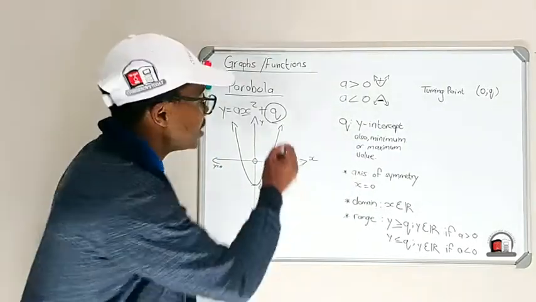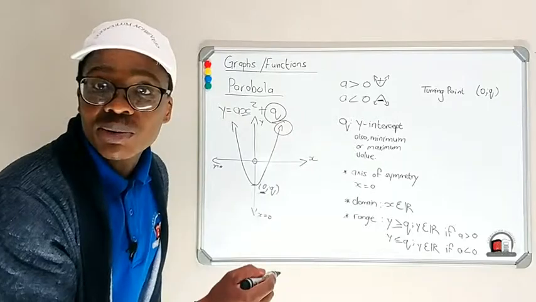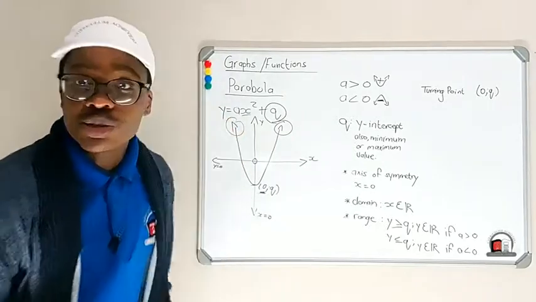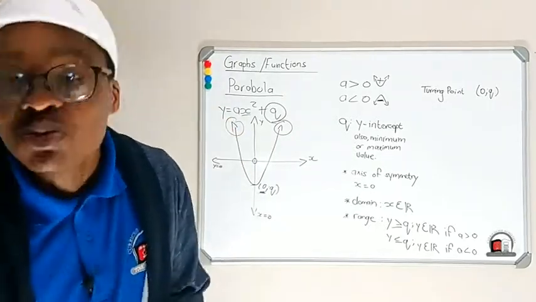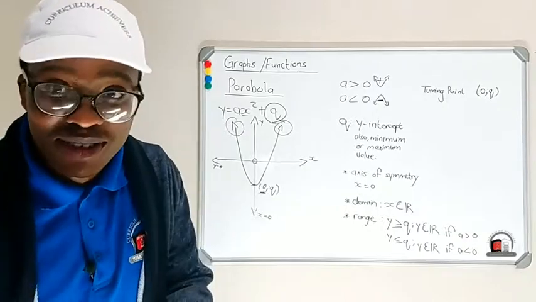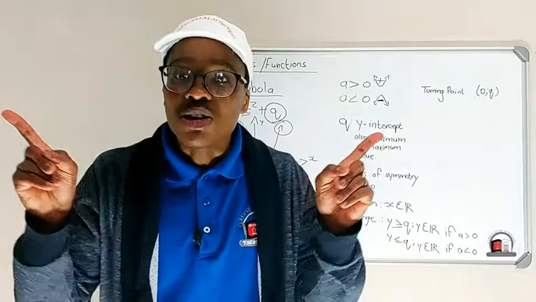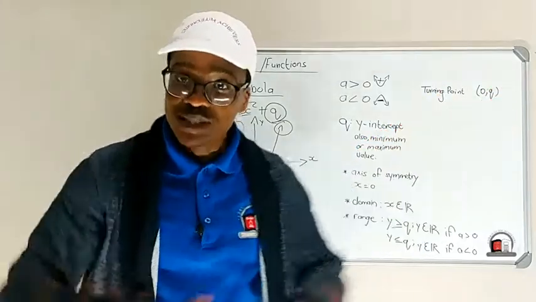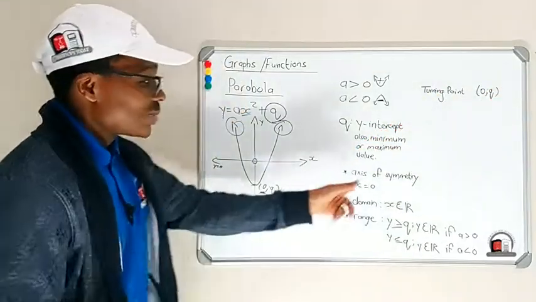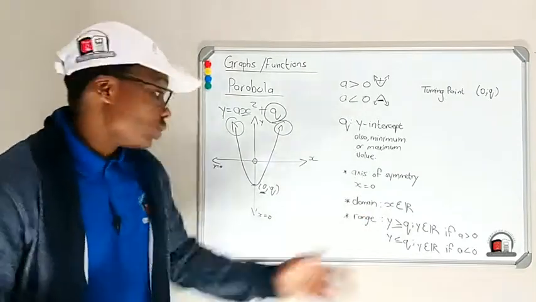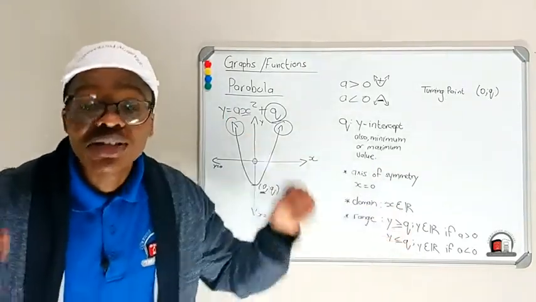That's why these arrows here are very important. You see those arrows? You better make sure that you write your arrows down, because that's what it means. It means that the graph continues to go. It does not stop. Cool. So that's what it means for your domain, your x, to be an element of real numbers.